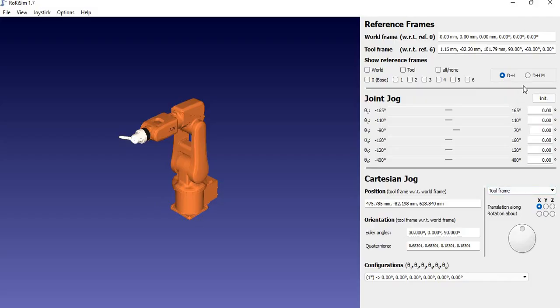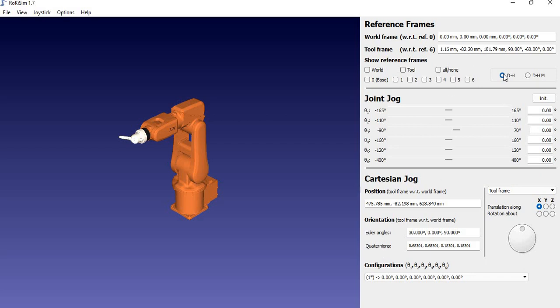Okay, right here on the menu on the right side, as you can see, DH. Yeah, and we even got quaternions. We got Euler angles. Quaternions are new for me. Very interesting.